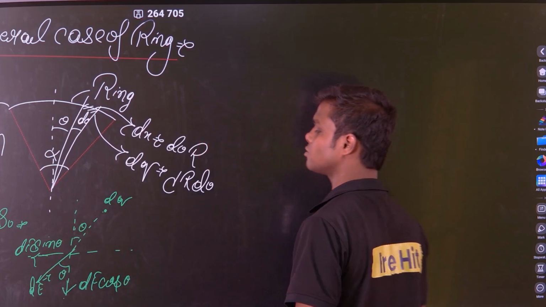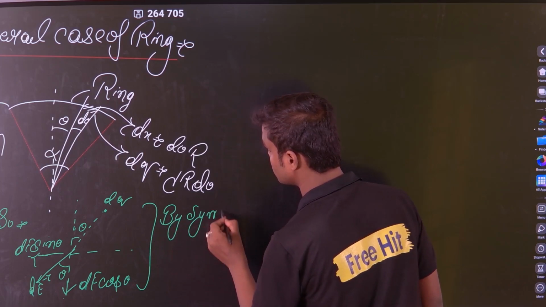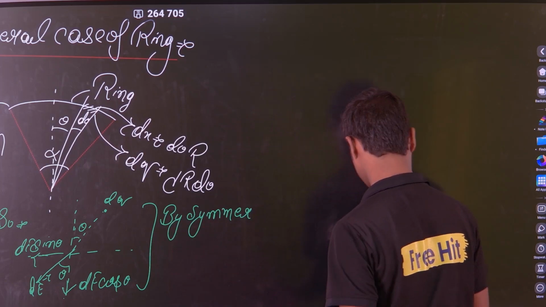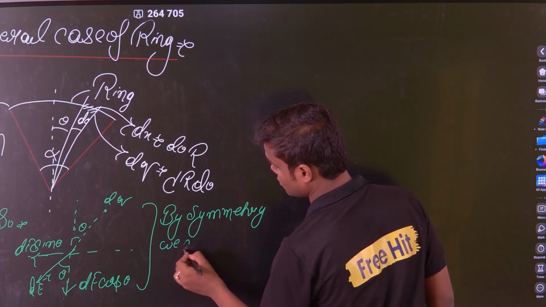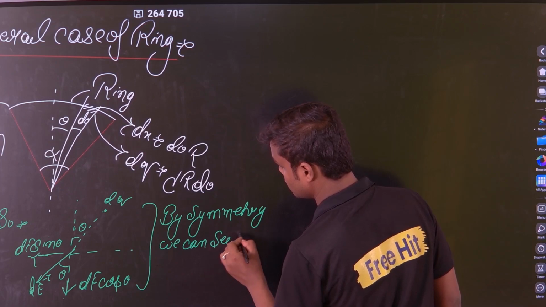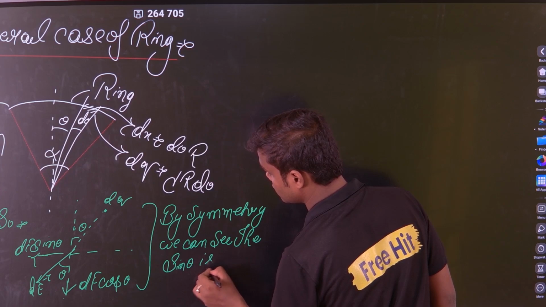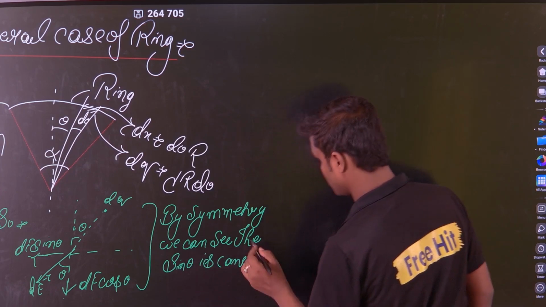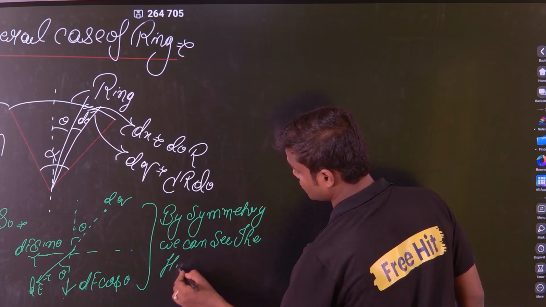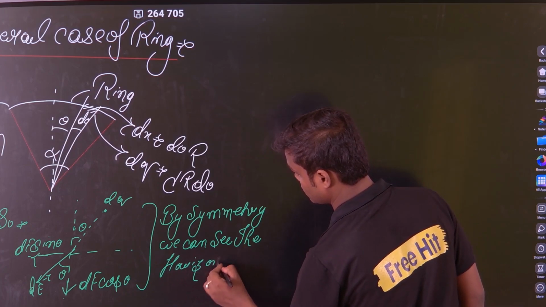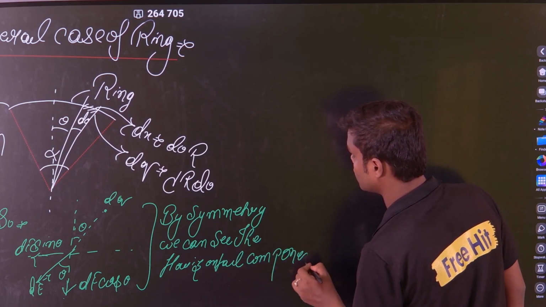If you calculate also, by symmetry we can see the sin theta component, or you can say horizontal component, is cancelled out, because in the last class we have seen this concept in the ring also.